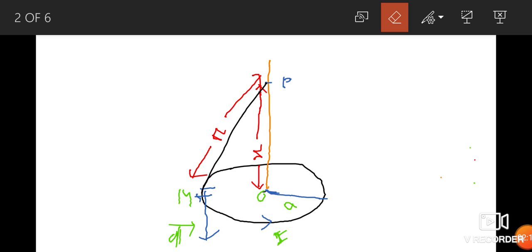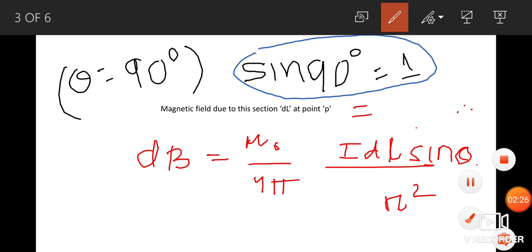As it is a 3D structure, the angle between dl and r is theta, which is 90 degrees. So sin 90 becomes 1.